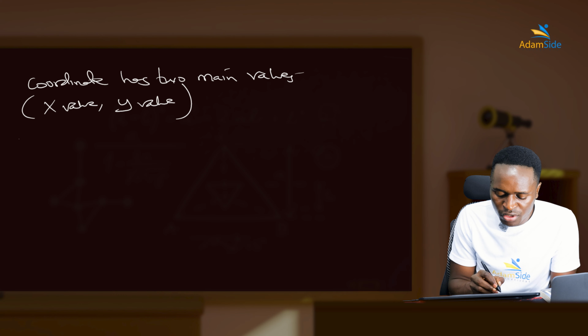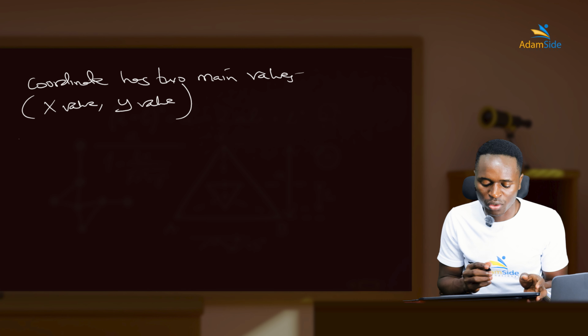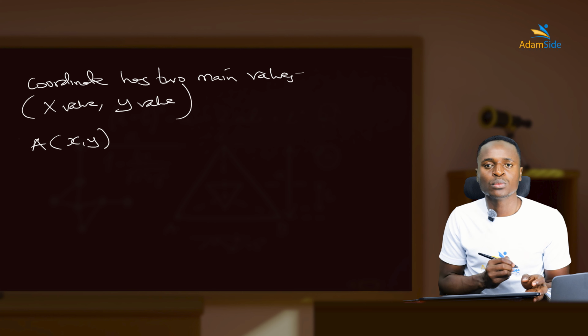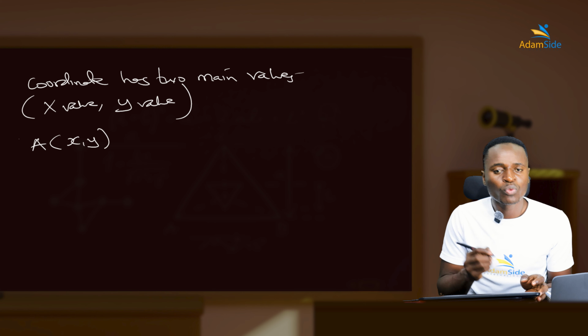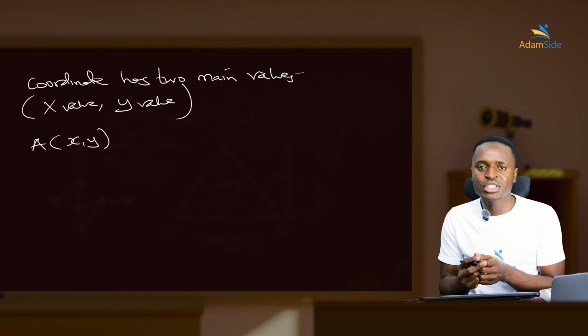The x value is always the horizontal and the y value is always the vertical. So if it's coordinate A, it will have an x value and a y value. This way we are able to show the location of an object in a plane.